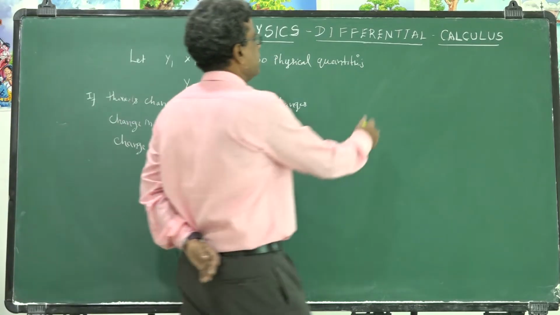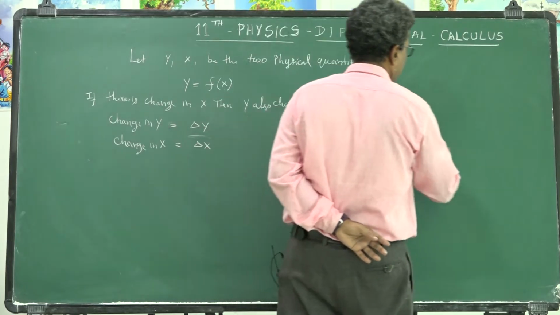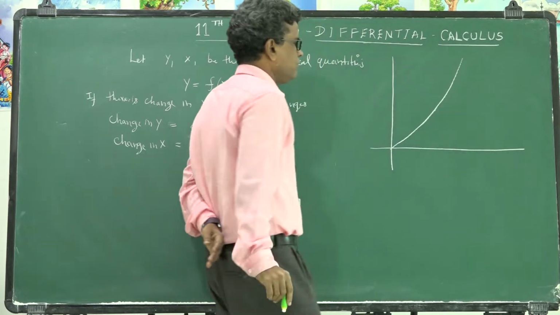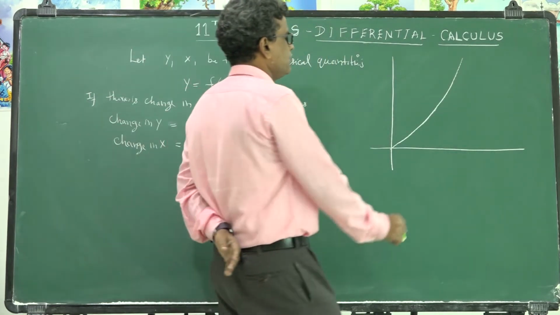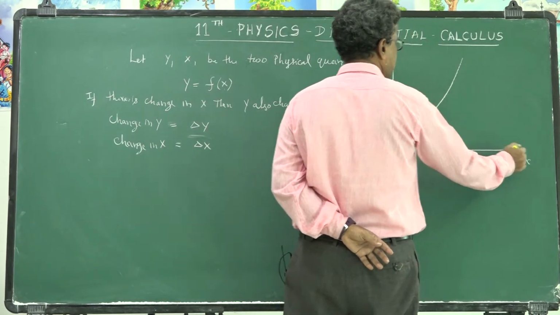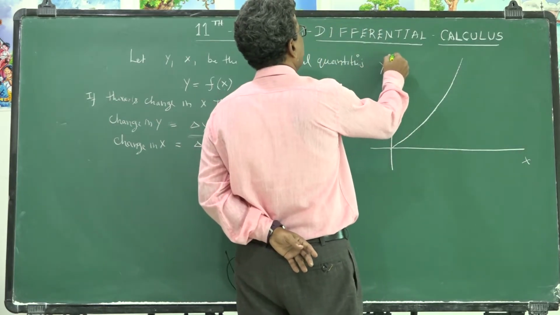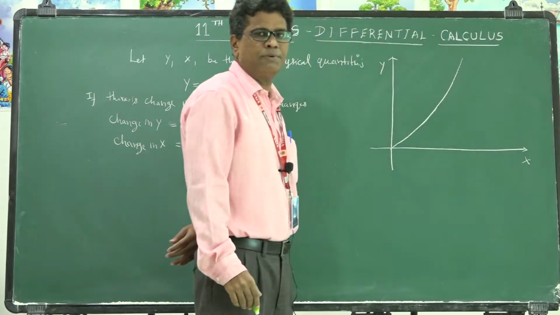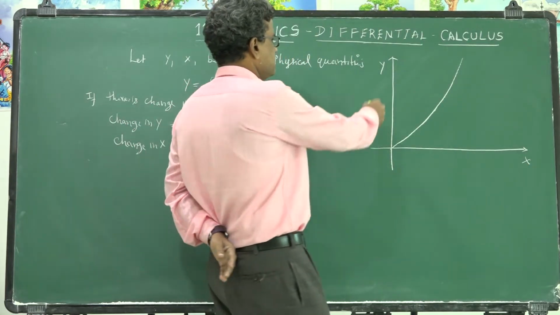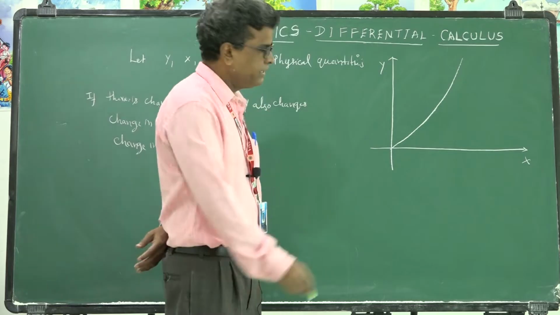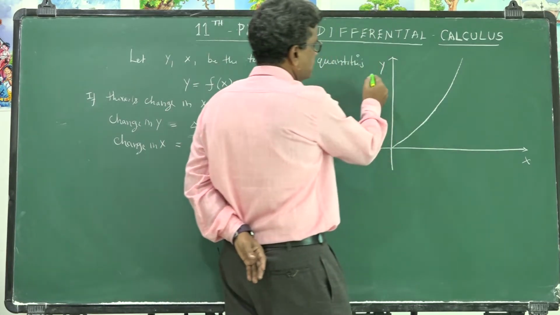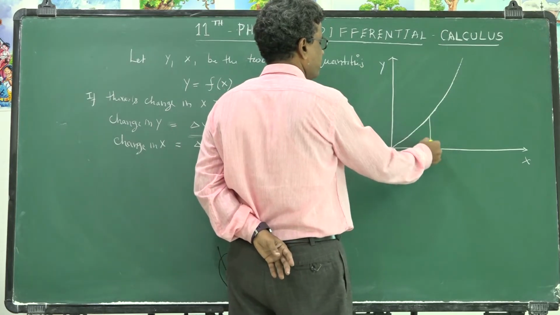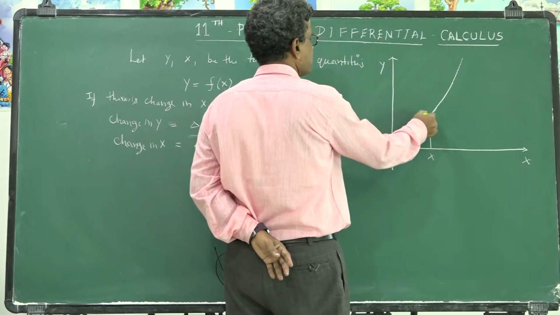Let us see with the help of an example graph how it varies. Suppose the first physical quantity x is on the x axis, and the second physical quantity y, which depends on x, is on the y axis. So for every value of x there exists a value of y.